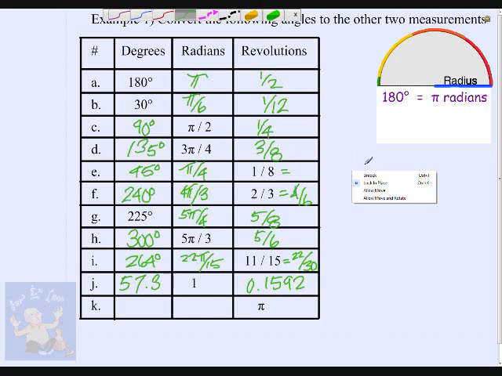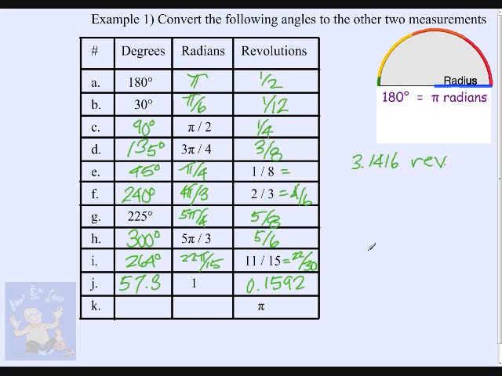That's 3.1416 revolutions. How many degrees is that going to be? Well, it's going to be 360 plus 360. There's one revolution. There's two revolutions. Let's put another one over here. 3 revolutions. So it's going to be something more than this.